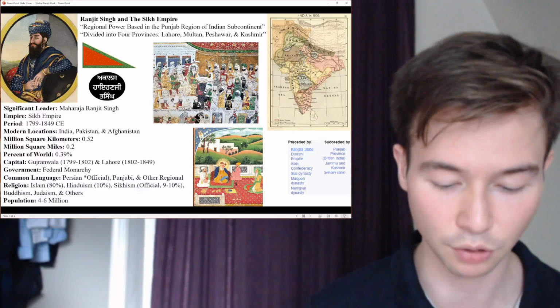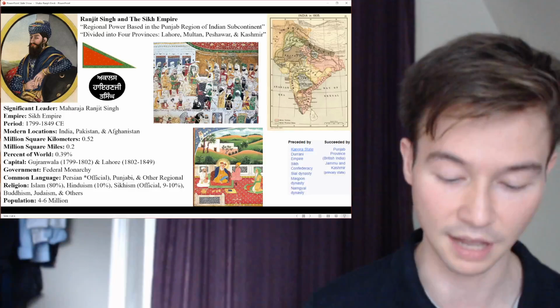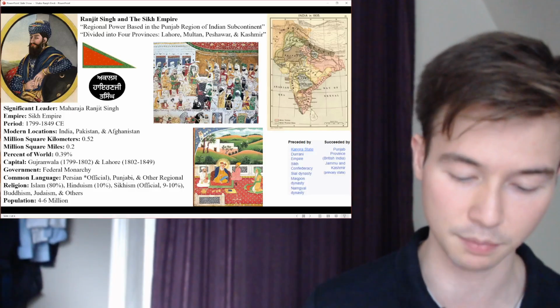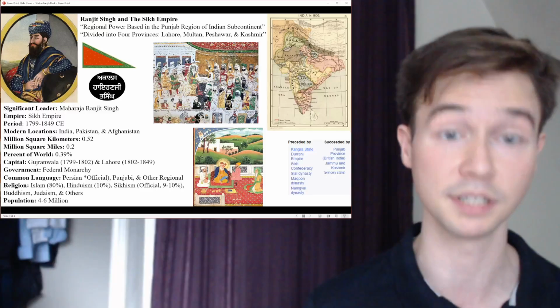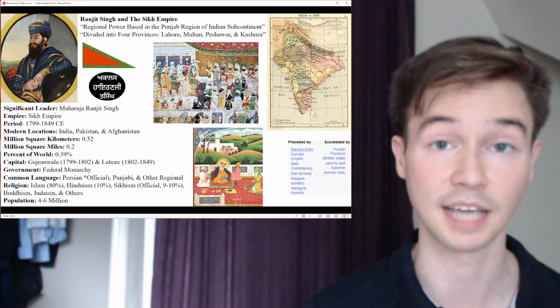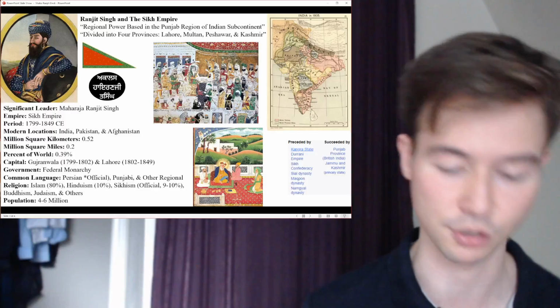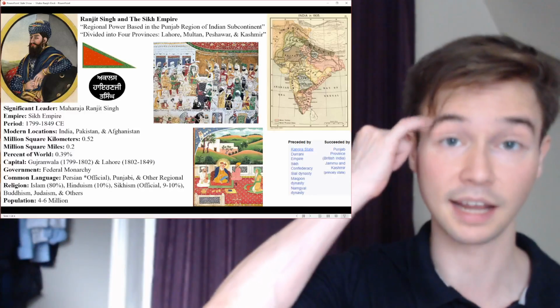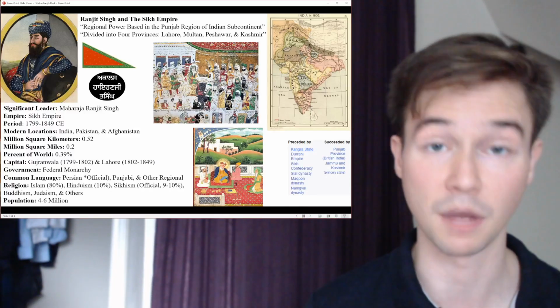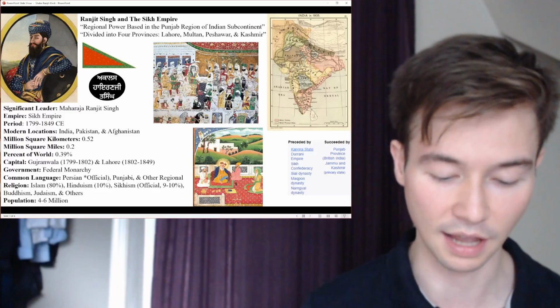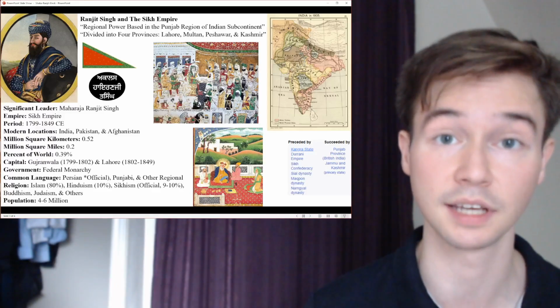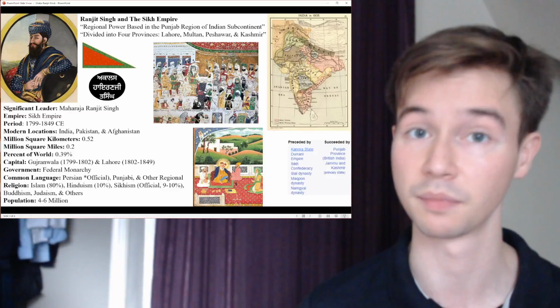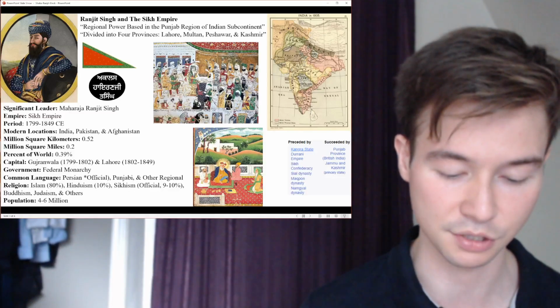He became the leader of the Sukerchakia misl at a young age and demonstrated exceptional military and leadership abilities. In 1799, he captured Lahore, which would later become the empire's capital, a significant city in the Punjab region, and in 1801 he proclaimed himself Maharaja of Punjab, marking the official formation of the Sikh Empire, and therefore we can consider him the founder of this empire as well.